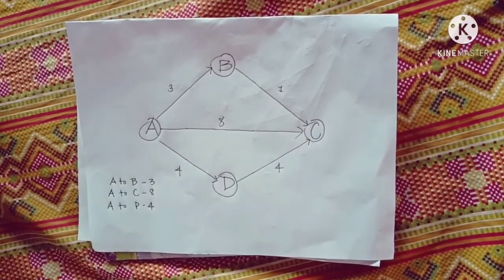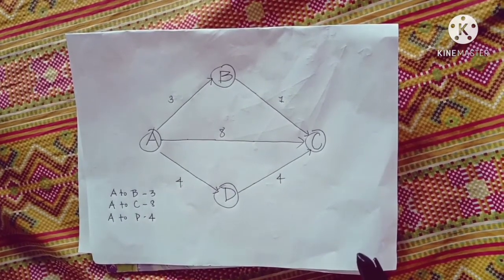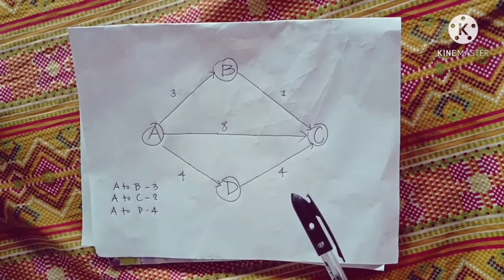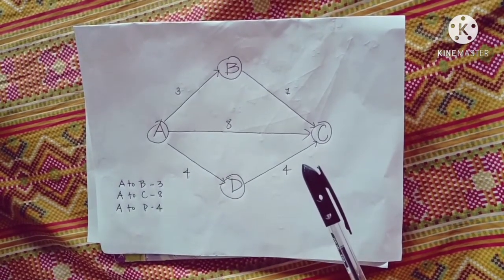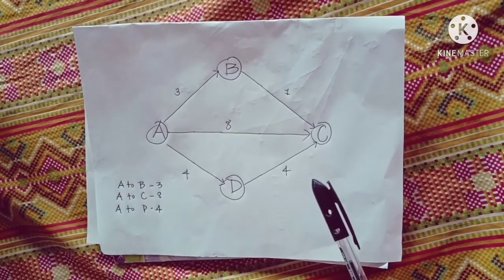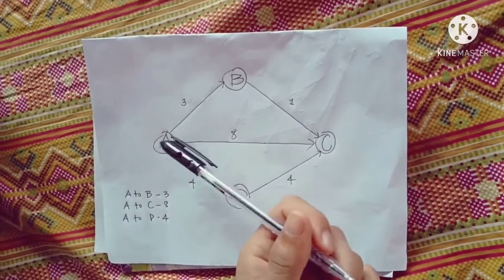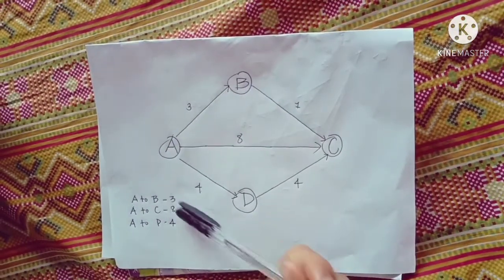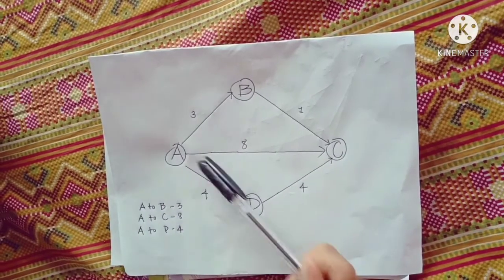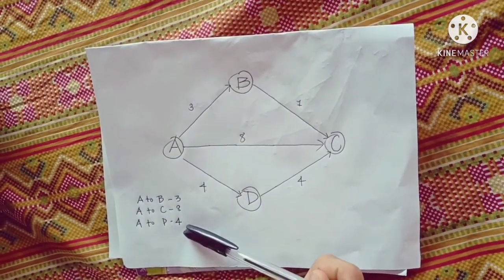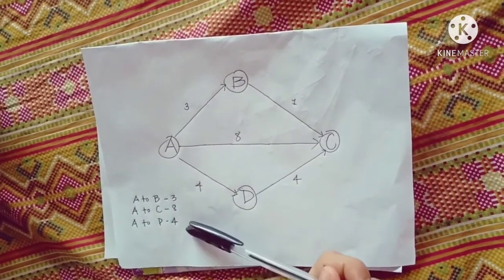So in this part, I will show you a diagram, and you want to reach from A to C, so you need to think what is the best solution for reaching C. So the next steps are A to B, A to C, A to D. A to B is 3, A to C is 8, A to D is 4.